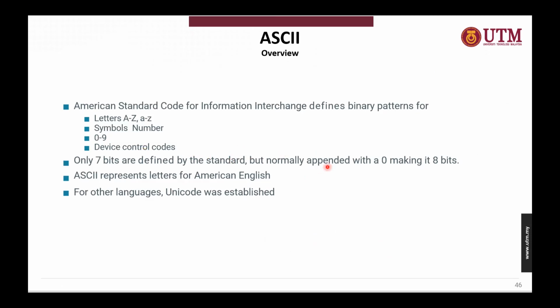So a total of 7 bits is enough, but normally we append a 0 to make it 8 bits, for simplification. The most significant bit we append with 0. This ASCII represents letters for American English only.